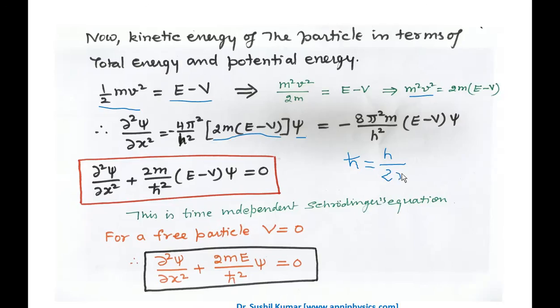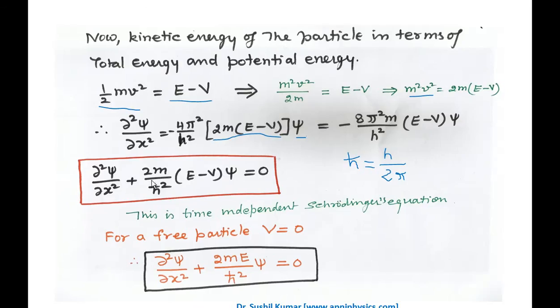So h square upon 4 pi square is equal to h cross square, into 2m.